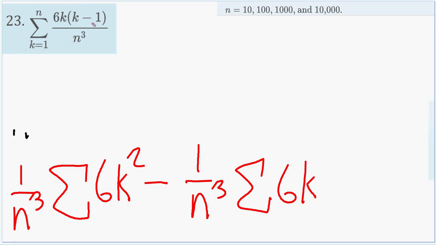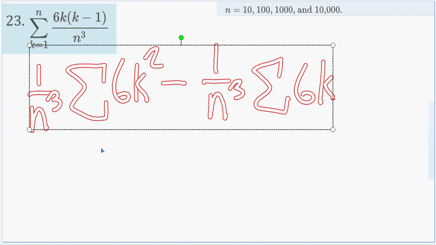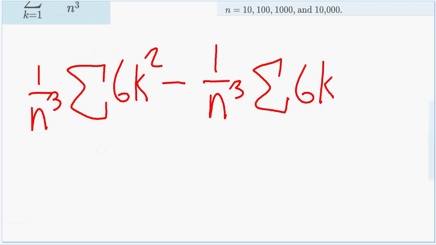Okay. Now that we've got the summation distributed in each term, if we can take any more things to the left of the summation, we'll do that now. So we got a 6 times k squared here. I can move that 6 up here in the numerator. And in our second summation, we do have a 6 times k. I can bring the 6 up here in the numerator.